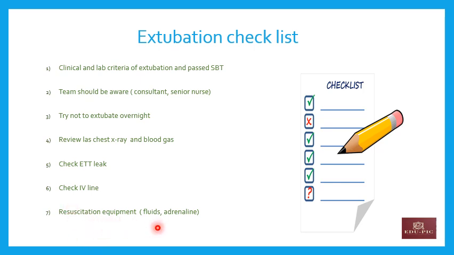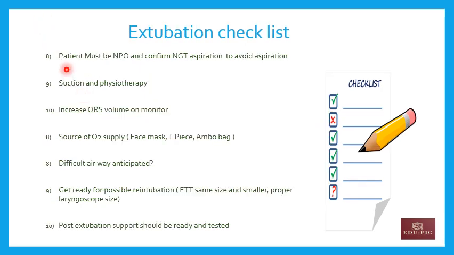Resuscitation equipment like fluid and adrenaline. I need to be sure that the patient is nil per mouth and confirm the NGT was aspirated, just in case this patient needed a re-intubation or there is any reason of extubation failure. Suction and physiotherapy to clear the airway before extubation.